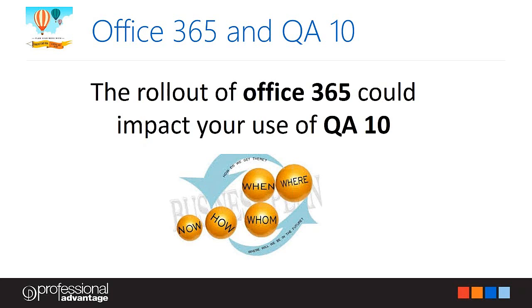It is critical for planning that you find out from your IT team what the deployment options for Office 365 you will be implementing, and when your environment will be updated. Infor QA 10 does not run in a 365 Office 64-bit deployment.